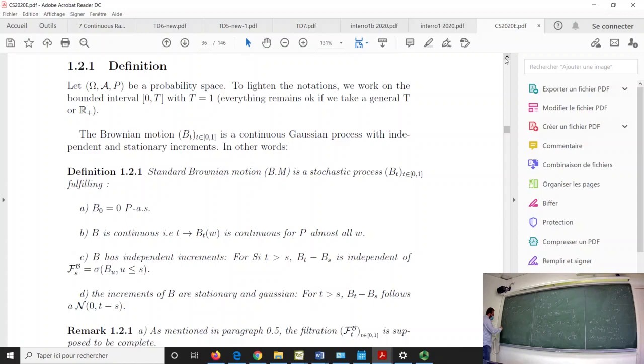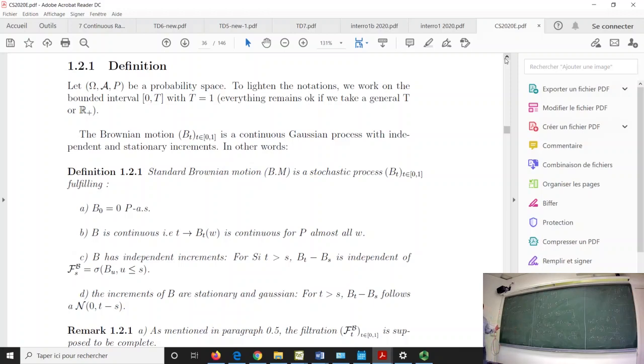Secondly, if you want to plot its trajectories, they are continuous, in the sense of being continuous for the trajectories of a stochastic process we have seen together. Meaning that the set of the trajectories that are continuous has a probability equal to 1. So I can write it this way: B_t is continuous.